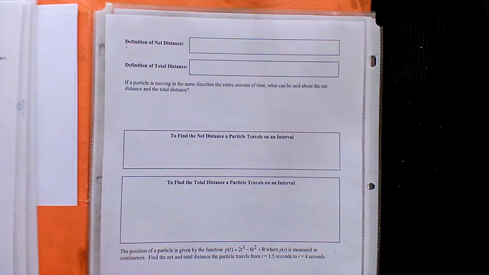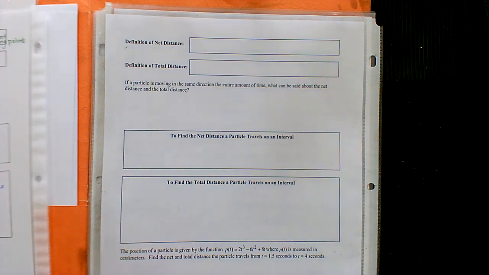There's technically 2 different types of distances, and again, if you're in physics, this might sound familiar. We have what's called net distance versus total distance. Can you think about perhaps the definition or the difference between those 2 terms? You might know net distance as a different phrase.